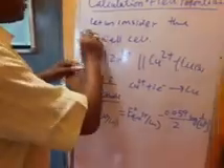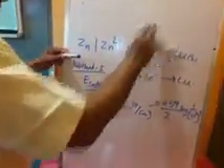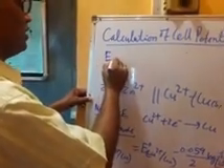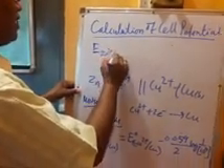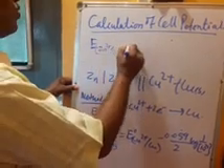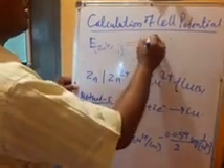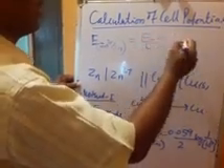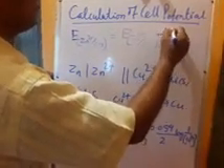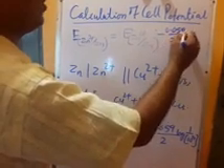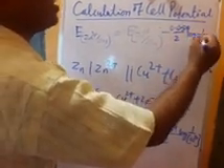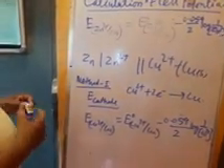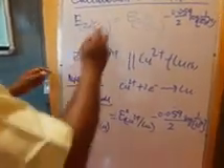Now second is E anode, Zn2+ by Zn, which will be equal to E naught Zn2+ by Zn minus 0.059 by 2 log 1 by Zn2+ concentration.